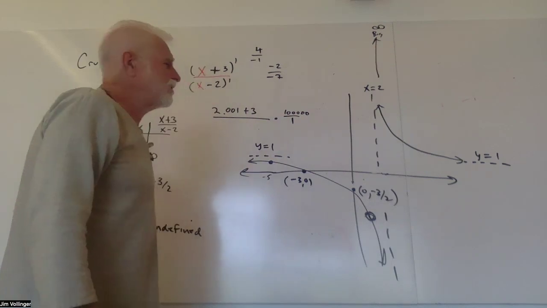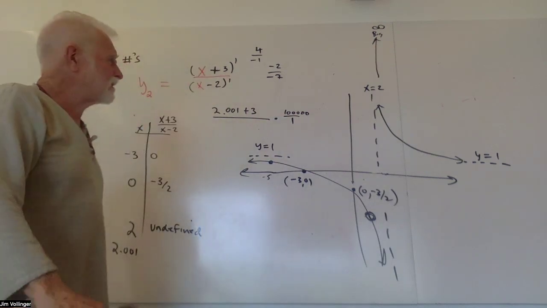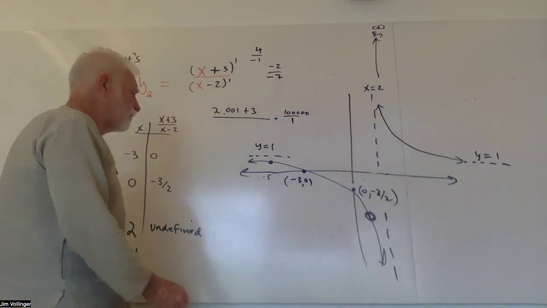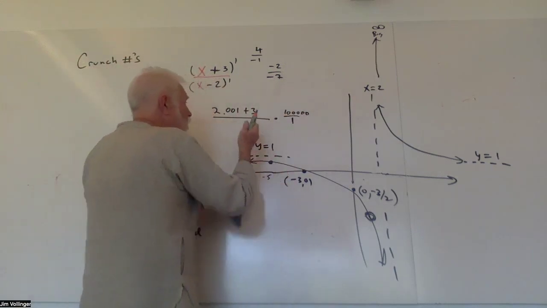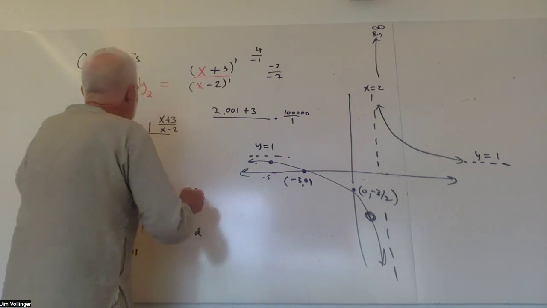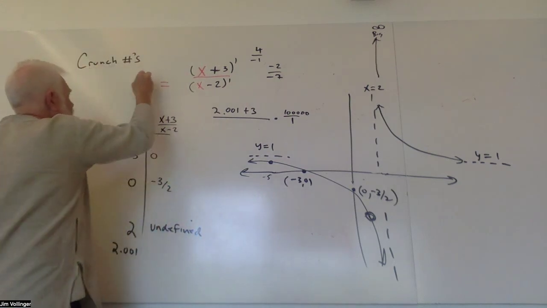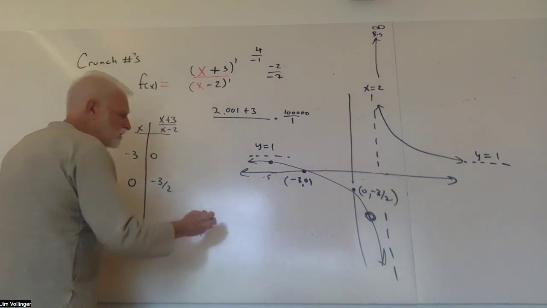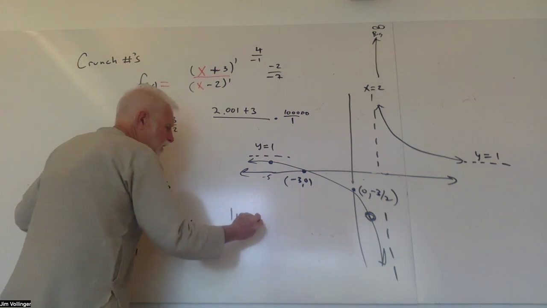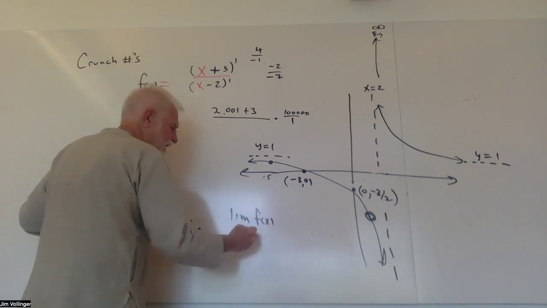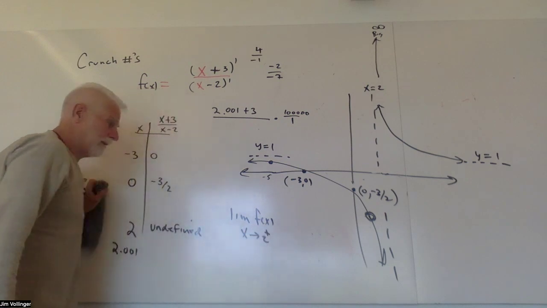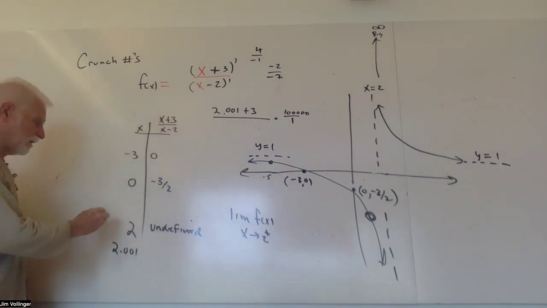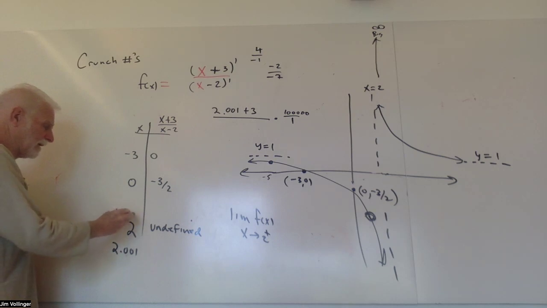Okay, now I was going to do that in part 3, but since I've really analyzed it here, I'm going to write what a mathematician would write to describe what we just did. And instead of calling this y2, I'm going to call it f of x. All right, so what is the limit of f of x as x approaches 2 from the right? Because I could have put in 1.999.